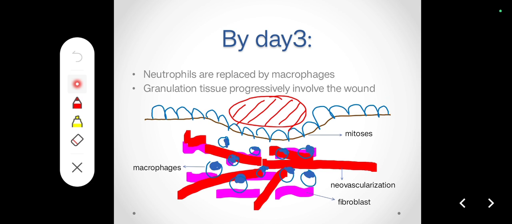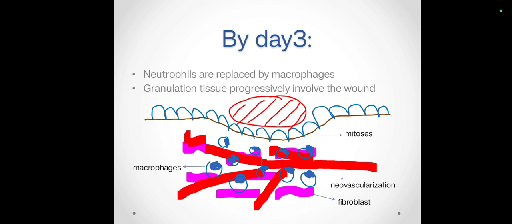Now all the neutrophils which were seen in the previous slide are replaced by macrophages, and granulation tissue formation occurs, which includes blood vessels, fibroblasts and inflammatory cells. Here I have mentioned neovascularization, because neovascularization means proliferation of blood vessels, which is very important for the healing process.